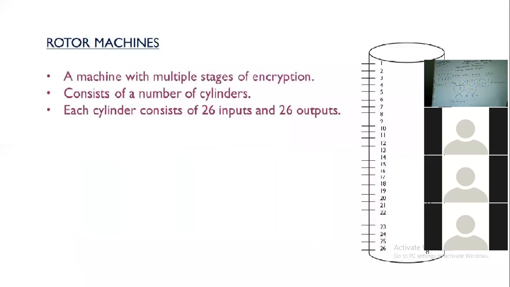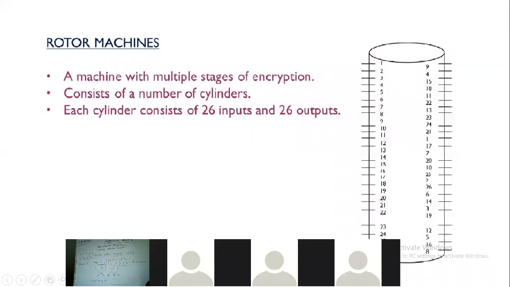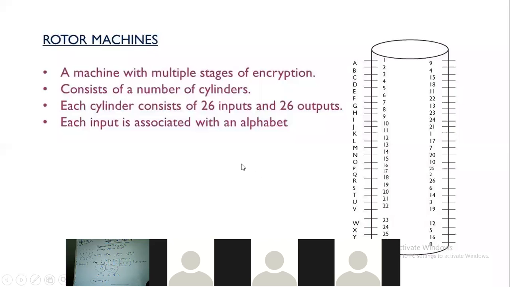Each cylinder consists of 26 inputs and 26 outputs, and each input is associated with a letter of the alphabet.